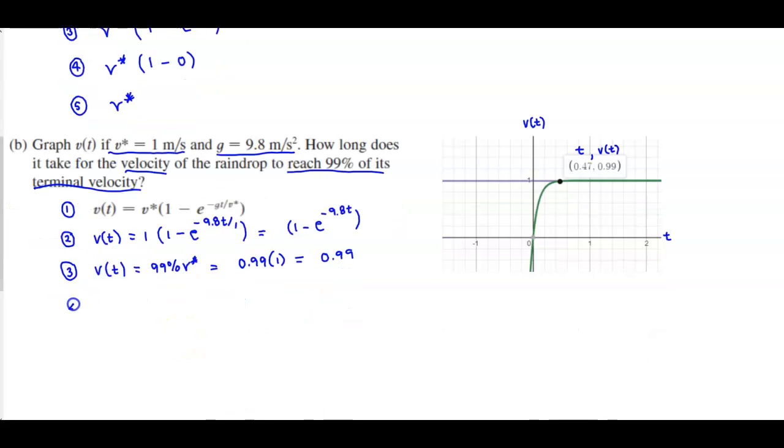So the point of intersection tells us that t is equal to 0.47 seconds. So again, to answer the question, how long does it take for the velocity of the raindrop to reach 99% of its terminal velocity? Well, we can see here that it takes 0.47 seconds to reach 99% of its terminal velocity.